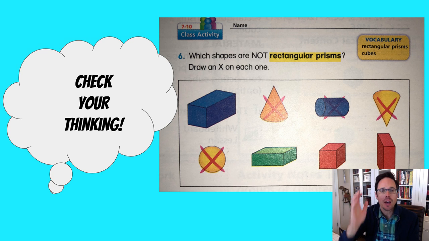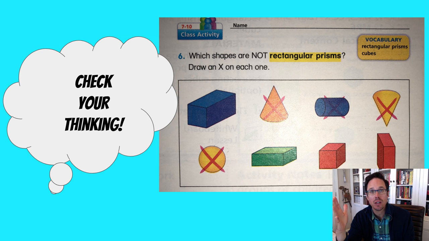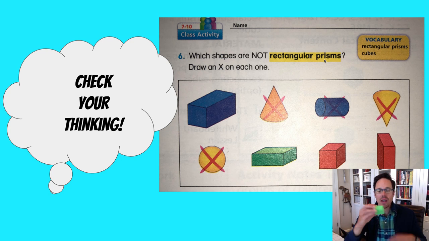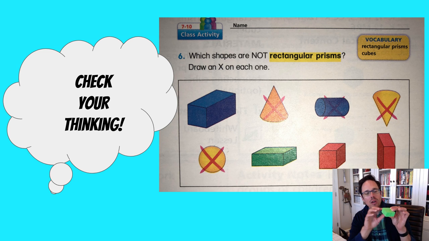Okay, kiddos, I was thinking it would be helpful to talk about which answers made sense and which ones didn't. Okay, so it says which shapes are not rectangular prisms. Now, a rectangular prism is anything from that cube to this rectangular shape, where it's a 3D shape with a rectangle on one of the faces, and maybe even squares on two of the sides.